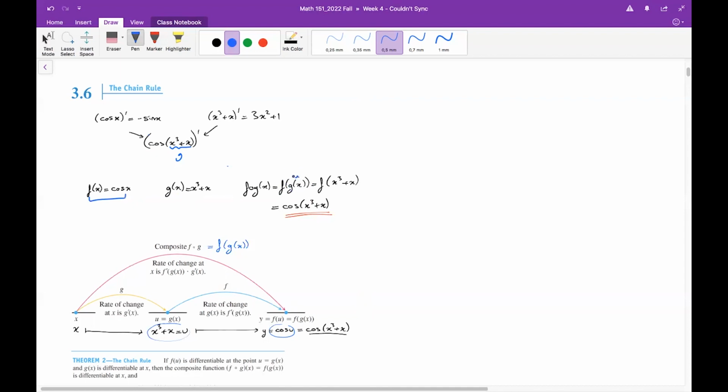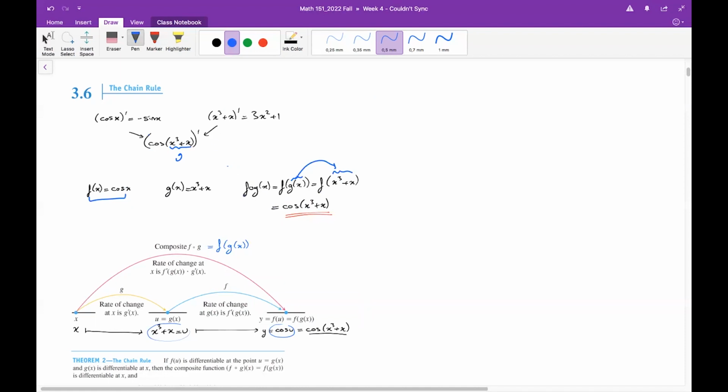So g of x is what? g of x is x cubed plus x. And now you are evaluating f on this expression where f is cosine x, right? That's why instead of x here, you just insert this part and obtain cosine of x cubed plus x, sorry.